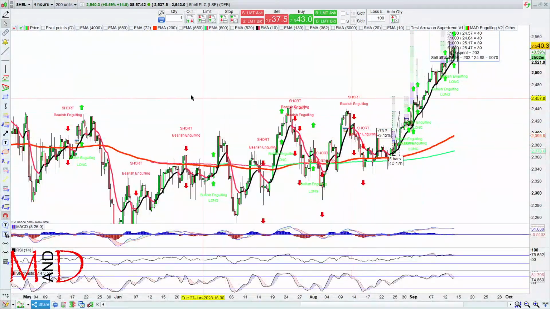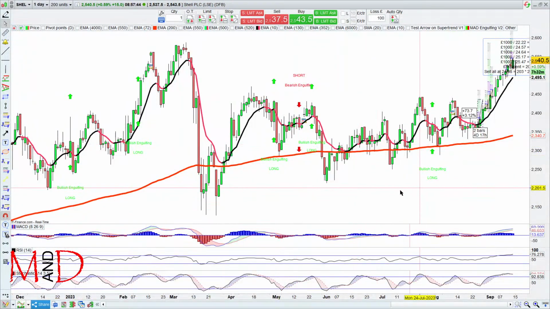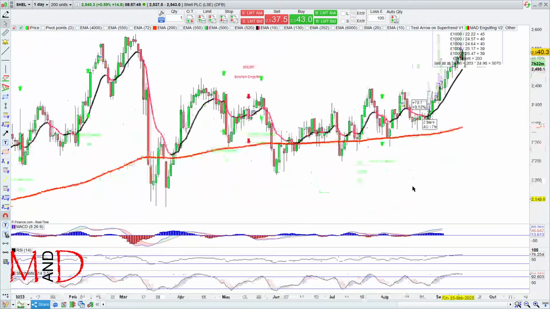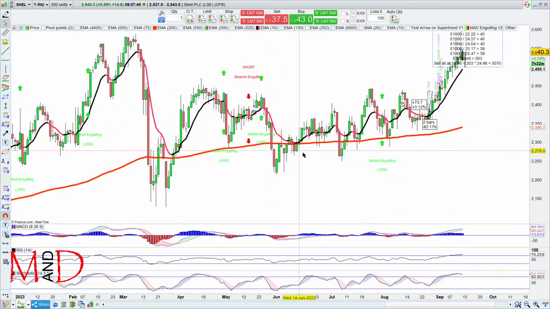I don't do it on the 4 hourly, but I would completely get out and sell everything share wise when my strategy kicks in for a short.